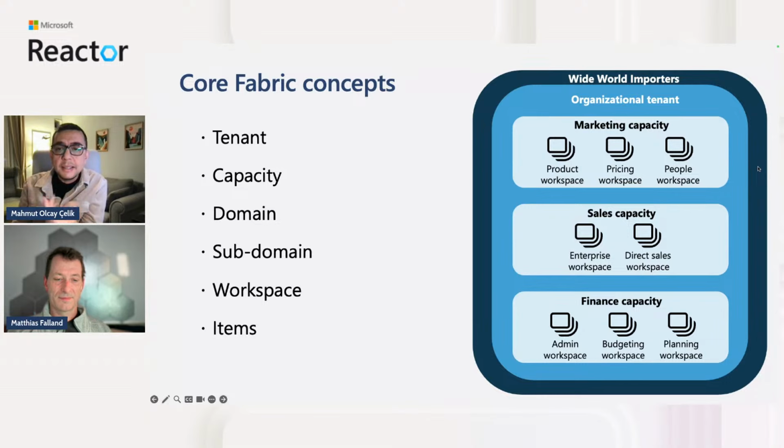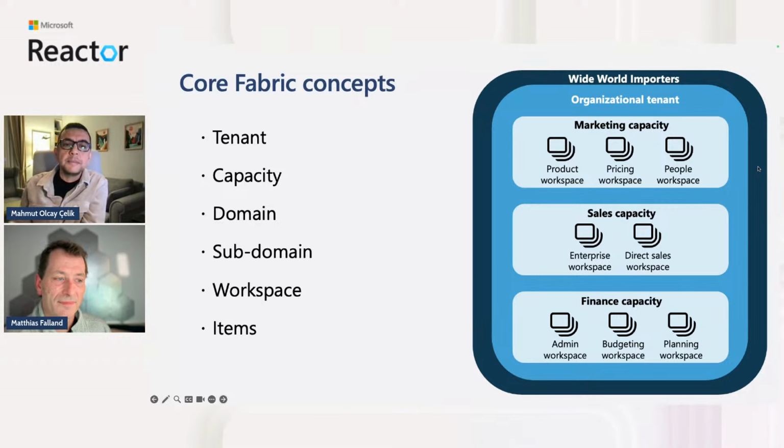Yeah, as you said, tenant, capacity, domain, and you also said one critical thing, by the way, mesh topology. So it's one single source of truth, and thanks to Microsoft and OneLake, it unifies all the data in one Azure data lake called OneLake, by the way. So that's great.